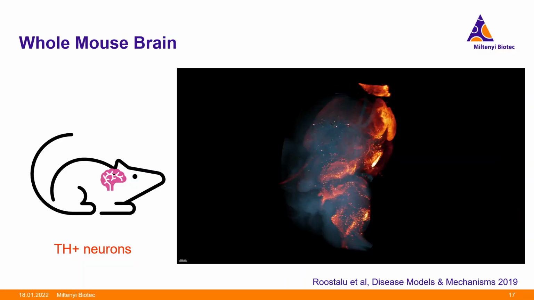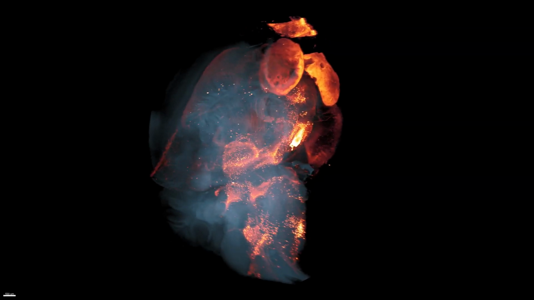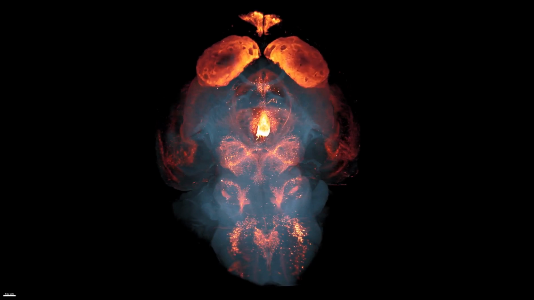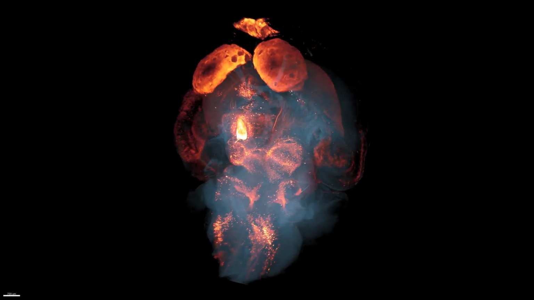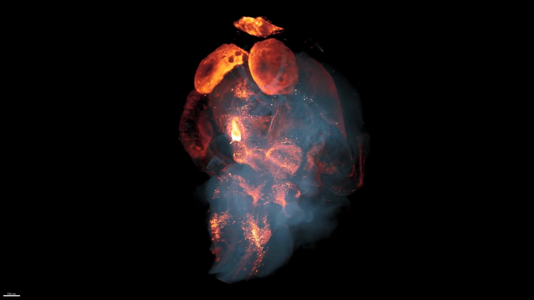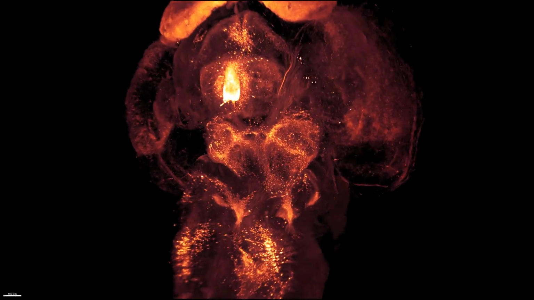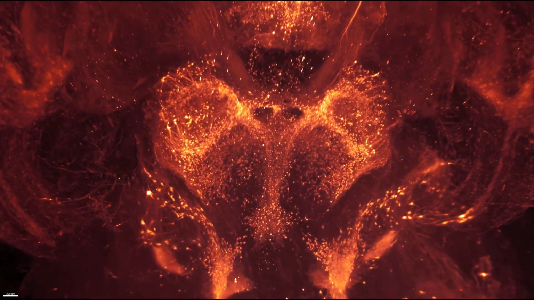But it doesn't only have to be cells derived from a mouse. It can certainly be a whole cleared mouse brain. In the example you see here, researchers used immunolabeling, light sheet microscopy, and deep learning computational methods to get a comprehensive and non-biased map of MPTP-induced changes in the central dopaminergic pathways important in Parkinson's disease.